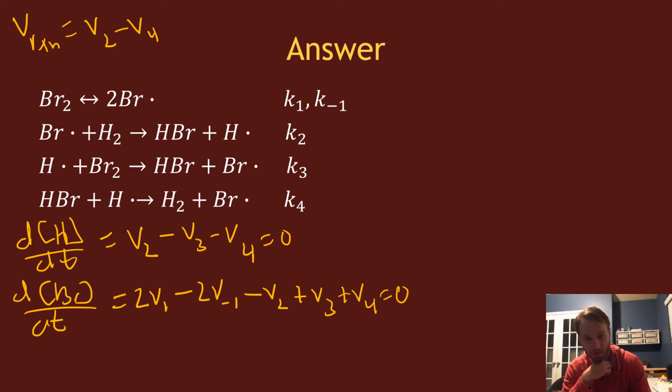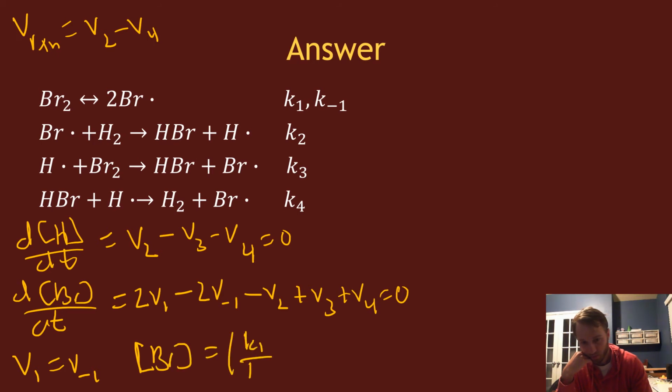Using that, we showed that V1 equals V minus 1, which gives us that k1 Br2 equals k minus 1 Br squared. And so solving for that, you get that Br equals k1 over k minus 1 times Br2 to the 1/2 power. So that's what Br is.